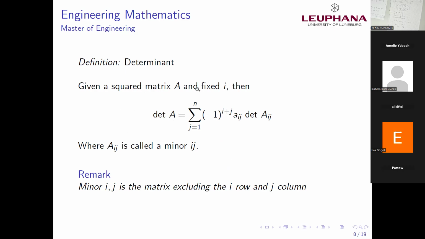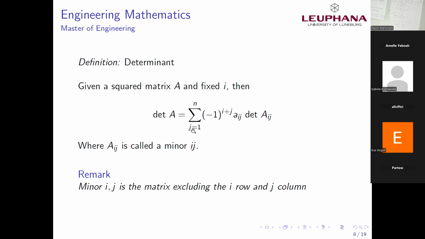I would like to add that it is defined here just for a square matrix. We can understand what it is just on a square matrix. It is not explicitly written here, but it is clear from this sum, which is a scalar.